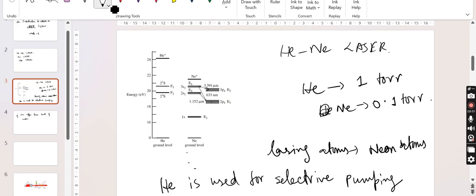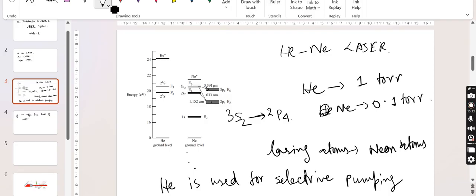Since the pressure of helium is 10 times that of neon, the levels E4 and E6 of neon are significantly populated as compared to other levels of neon. The transition between E6 and E3, that is, between 3s2 and 2p4, is the most popular transition.